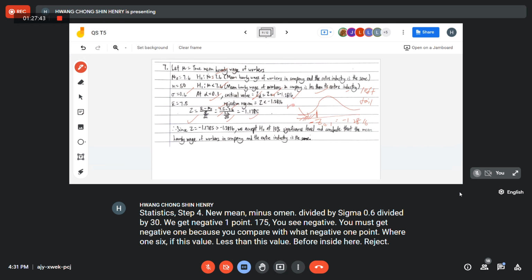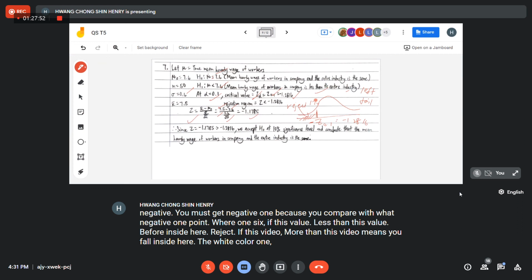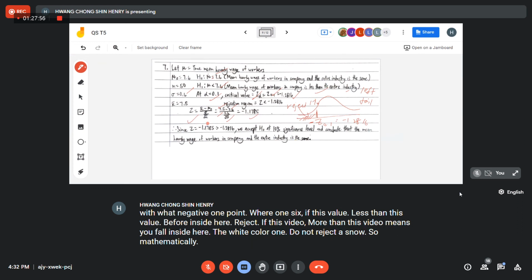Reject. If this value more than this value, means you fall inside here, the white color one. Do not reject H0. So mathematically, negative 1.17 is more than negative 1.28, right? So it fall inside here.